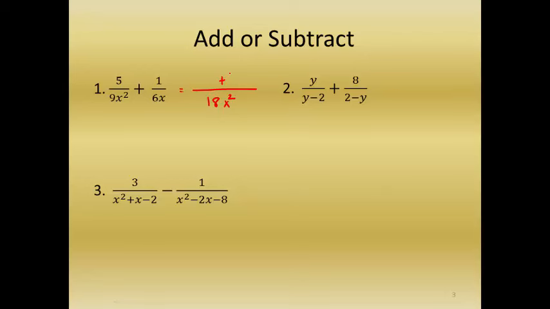So I'm going to put a plus sign, and I actually only have one fraction because the goal is to make this one fraction. And I think about how I changed the 9x squared to turn into 18x squared, and that is that I doubled it. So this is now a 10. And then I think, how did I change the 6x to become an 18x squared? How does 6x go to 18x squared?